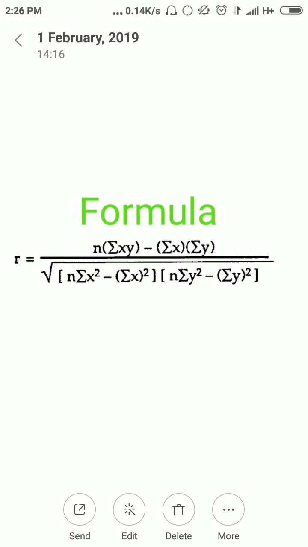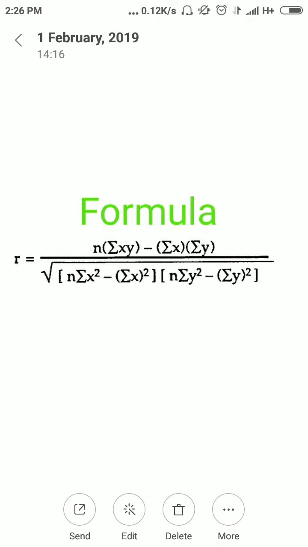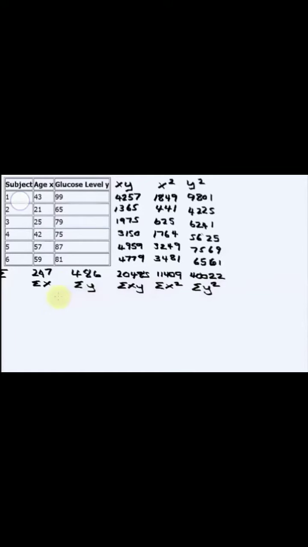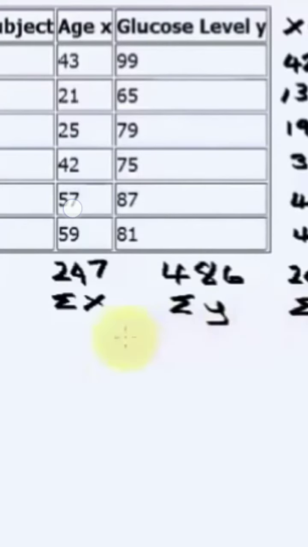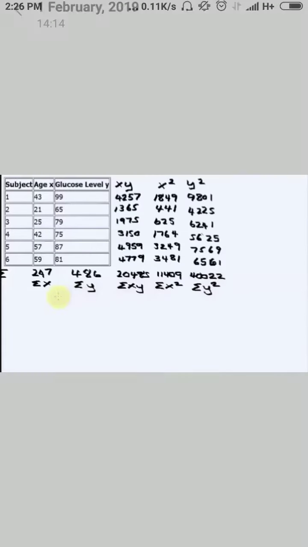Now here's the formula of the product moment correlation coefficient, or Pearson correlation coefficient, and this is represented as R. In the formula, n is the number of subjects, which means here n will be 6.